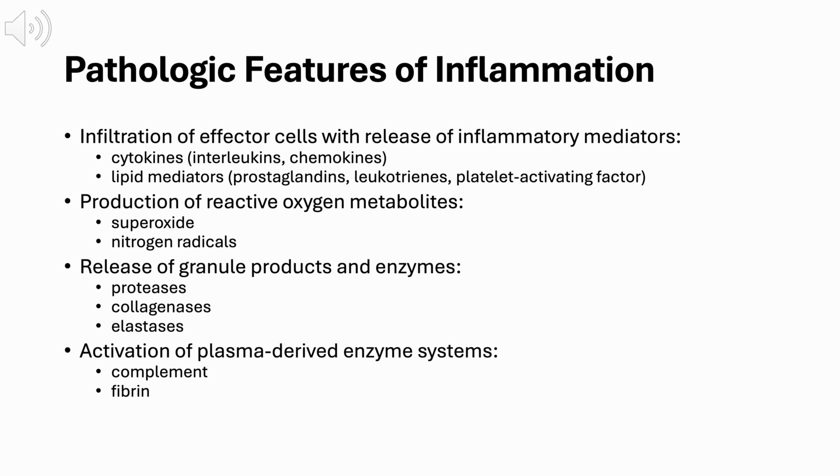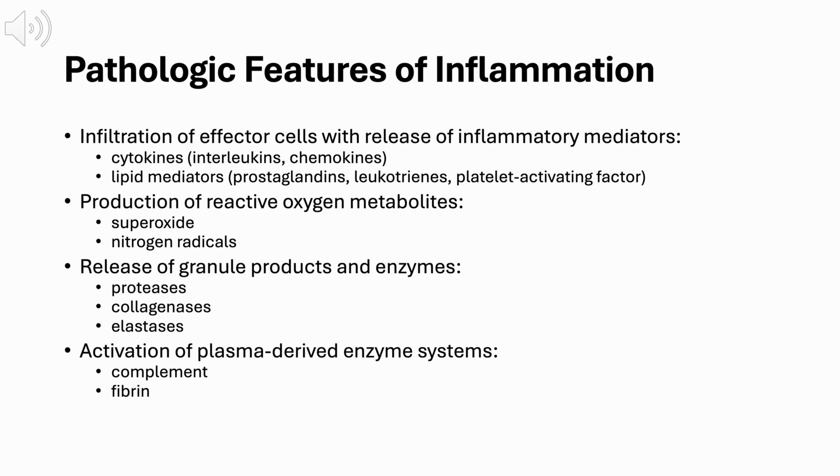At the tissue level, inflammation is characterized by infiltration of effector cells and the release of multiple inflammatory mediators. These include cytokines, such as interleukins and chemokines, as well as lipid mediators, including prostaglandins, leukotrienes, and platelet activating factor.